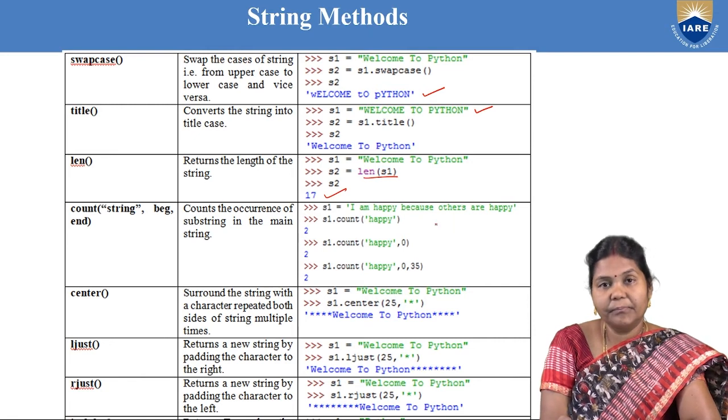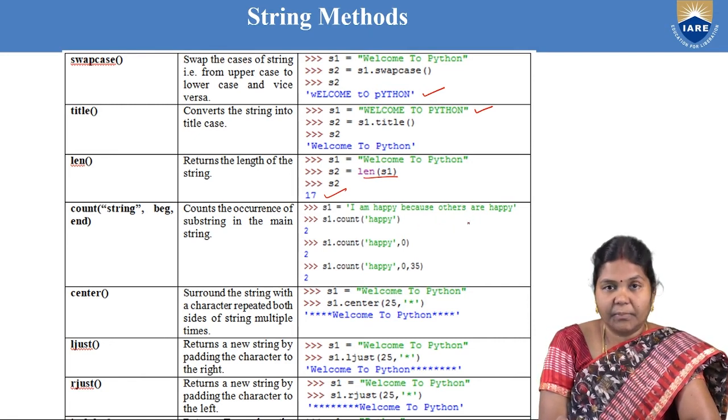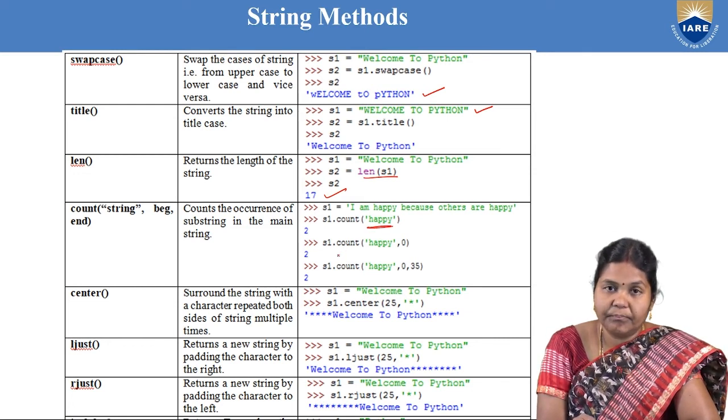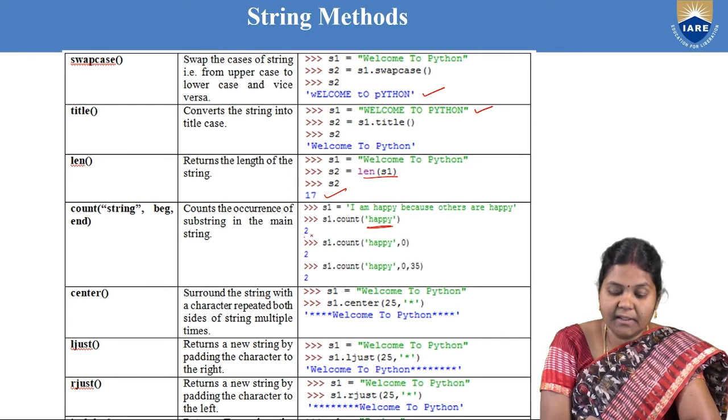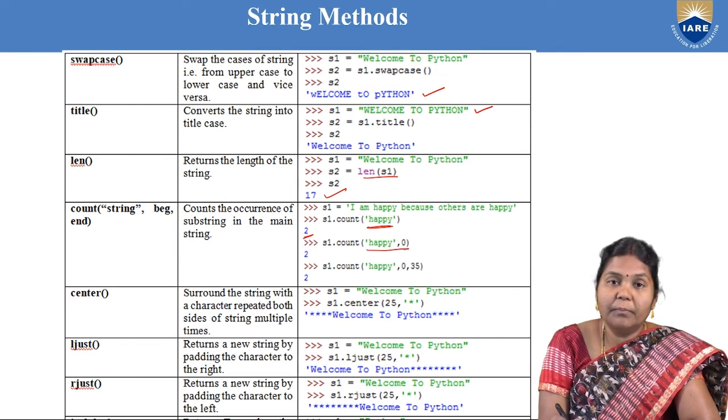So see the example. S1 is a string containing I am happy because others are happy.